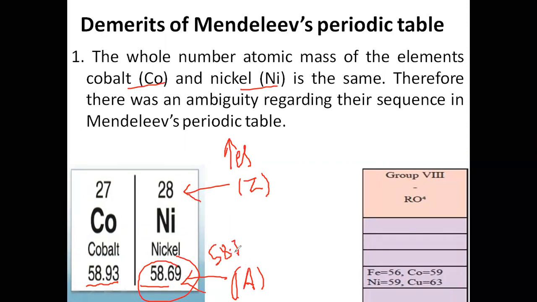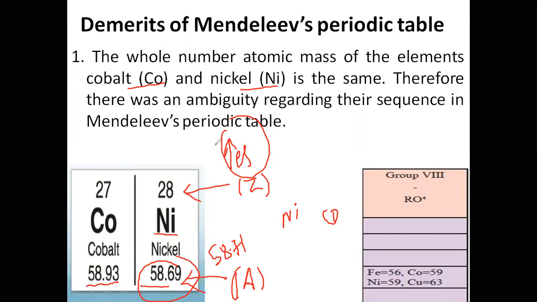Right now, just focus on the concept: what is the increasing order, the decreasing order, and what is the demerit regarding that. According to these atomic mass numbers, nickel should be placed first and then cobalt, according to the increasing order of atomic mass numbers.